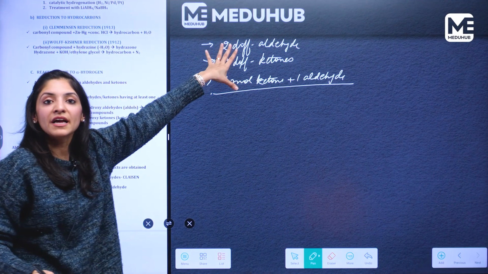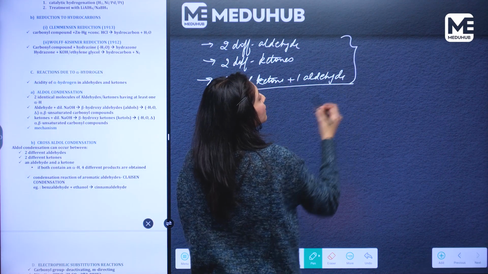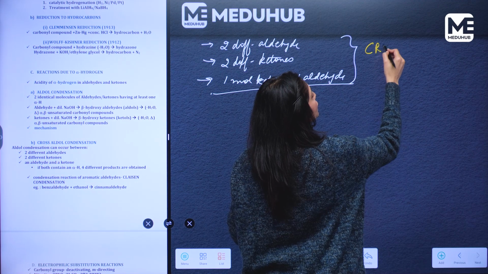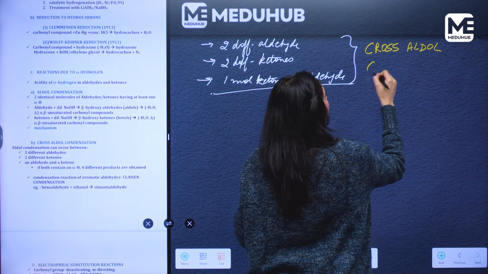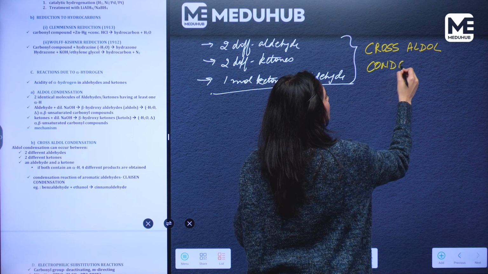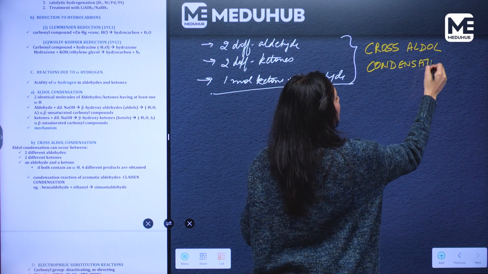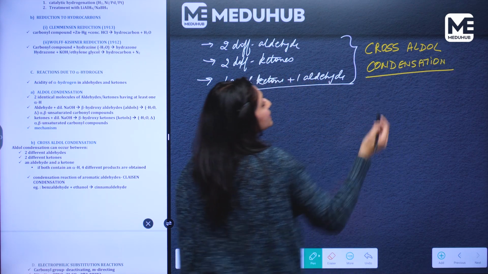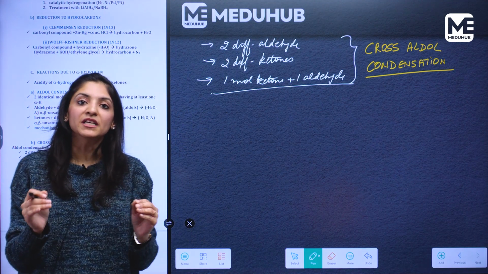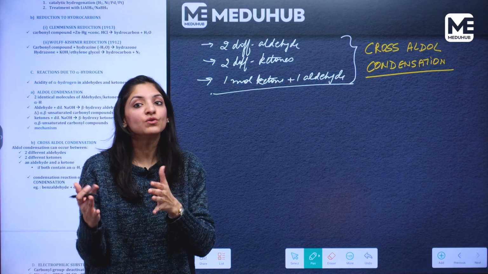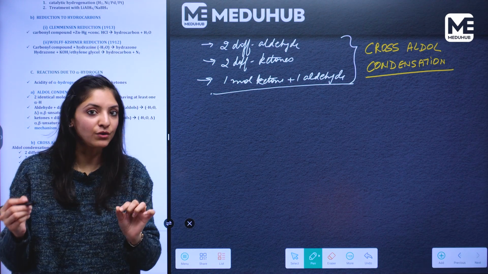So when such a scenario takes place, it is called cross-aldol condensation. So cross-aldol condensation is also aldol condensation. It takes place between molecules of aldehydes and ketones which have an alpha hydrogen.